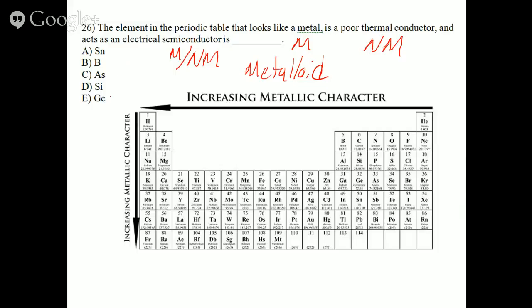Which one of these is a metalloid? Electrical semiconductor, you should probably think silicon right off the bat, because it is used in computer chips, pretty popularly known for that. So that's how you would pick between them.